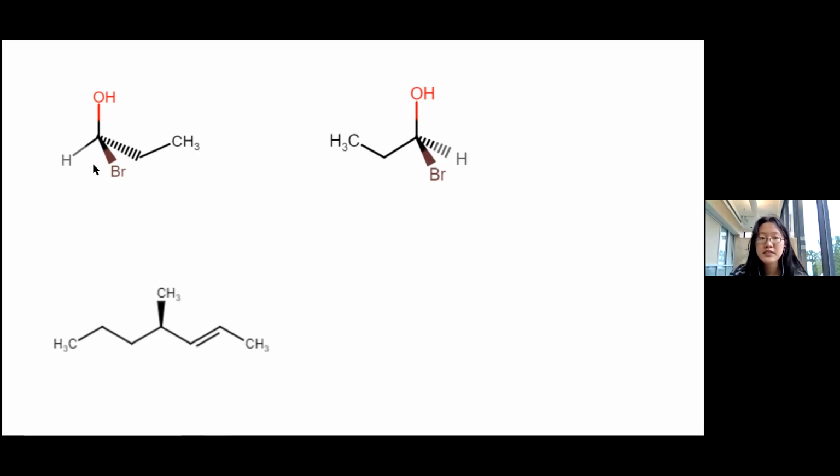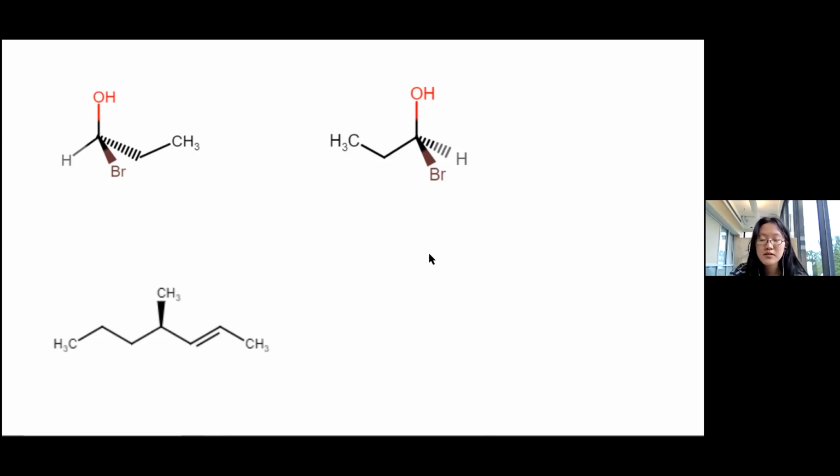And remember, this one has the inverse configuration. What is the configuration of the original molecule if this one was S? Right, the original one is R.